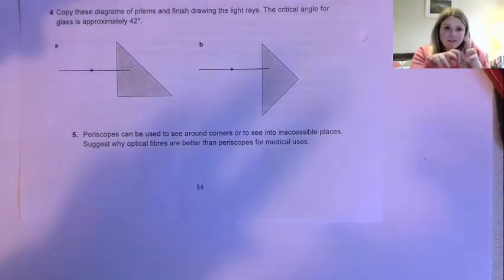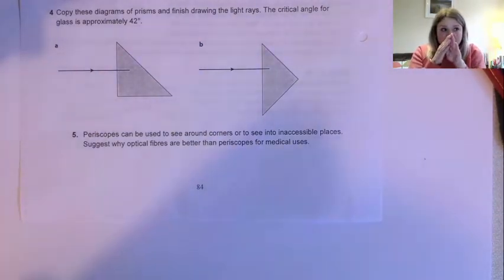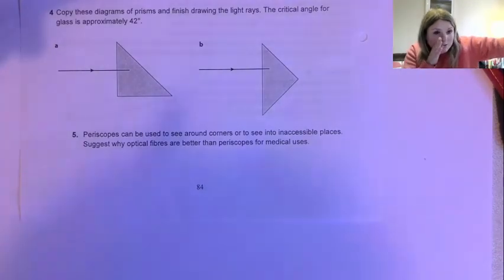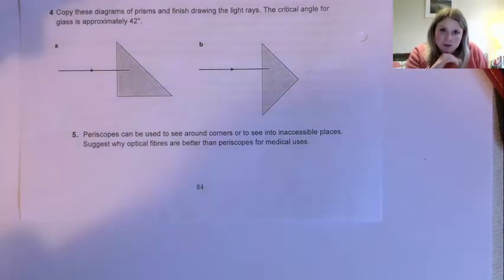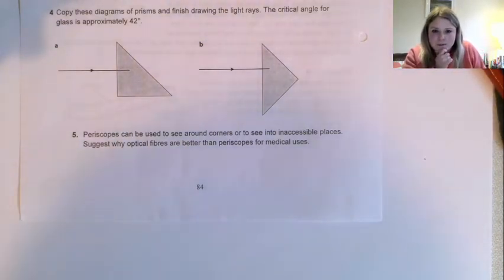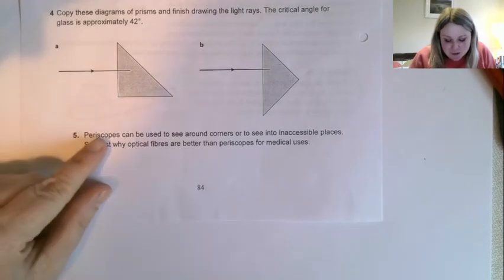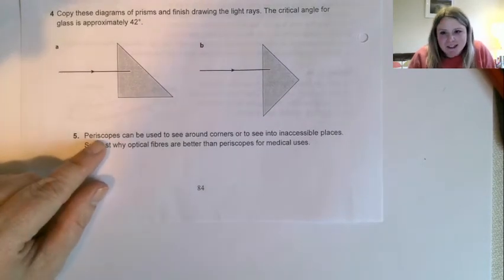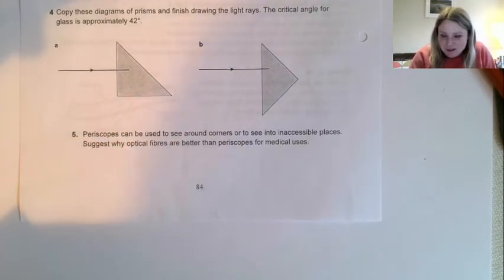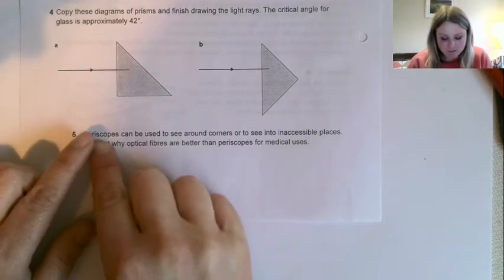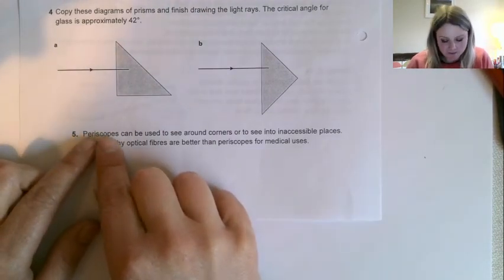Or if it was sideways, I could be sitting here and then the light would be getting reflected towards me from all the way over here, so I'd be able to sneakily see around a corner without people seeing that I was there. But it's probably easier to Google a periscope, not the app, but the actual physical thing, to see what we mean by that.